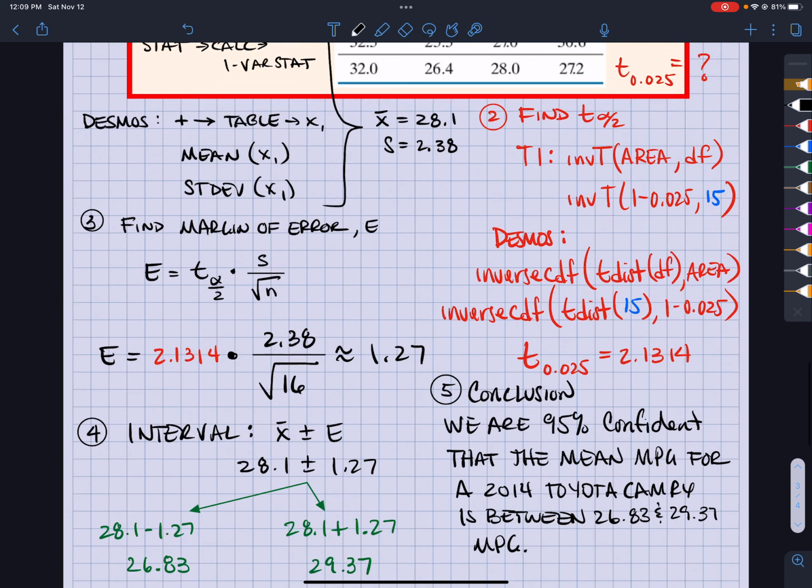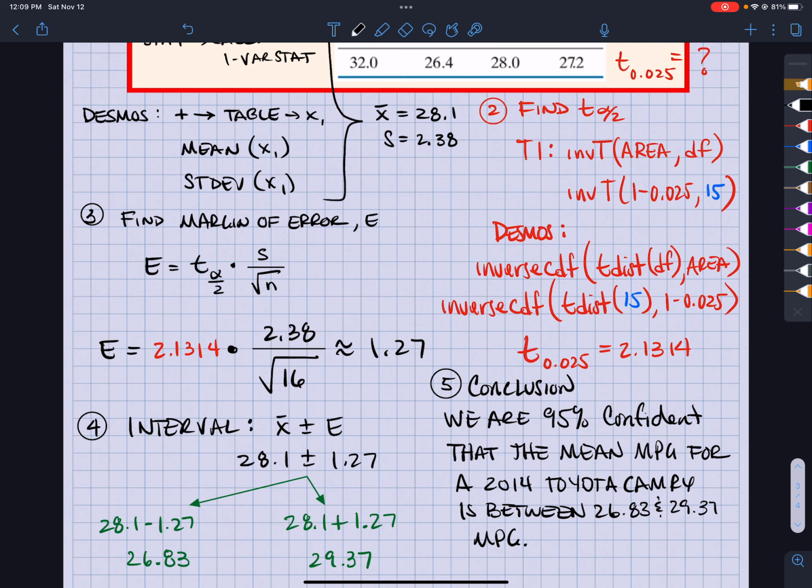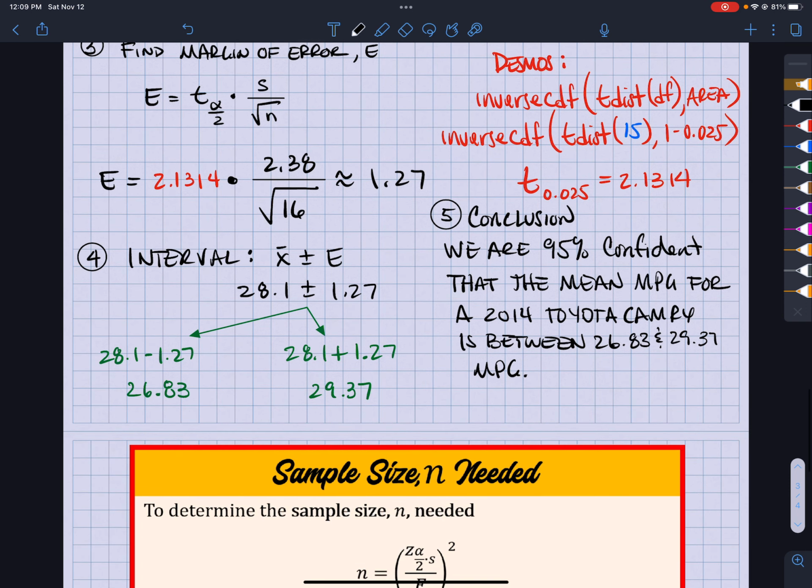Now, again, this would be the work that you would need to show if you needed to show work. However, if this is for an exam that you don't have to show work, you can actually find these intervals here on the TI. You can simply put in the T interval, and what you'll have to plug in there is your X bar, your S, your standard deviation, your N, your sample size, and your C level.